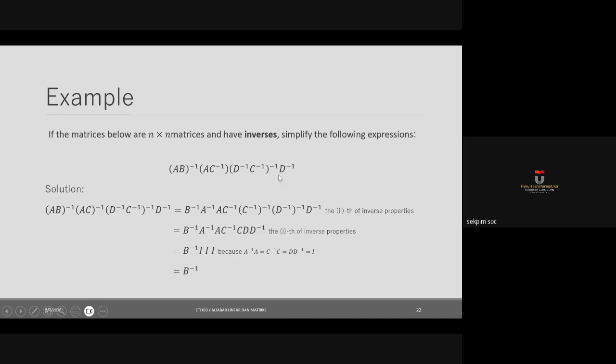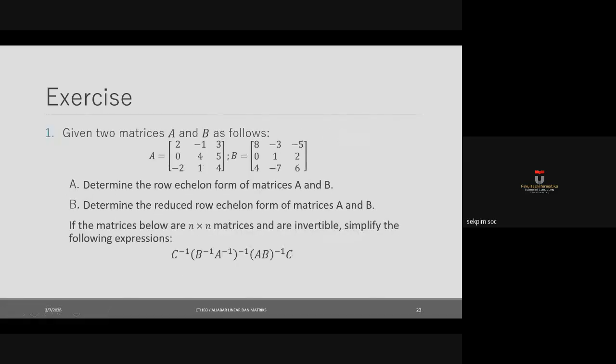And this one is D inverse D inverse D inverse. Such that we can simplify this as B inverse A C inverse C D D inverse. This part is just identity. This part is also identity, and this part is also identity, right? So it remains only B inverse. So this one, we can simplify by using the inversion property of the matrix. It equals B inverse, okay?